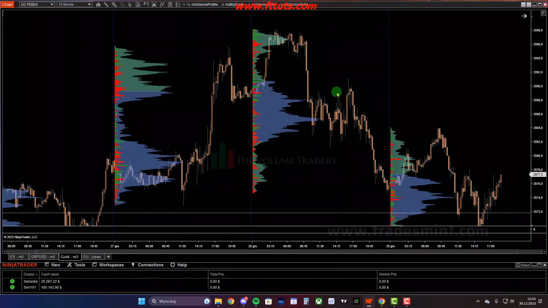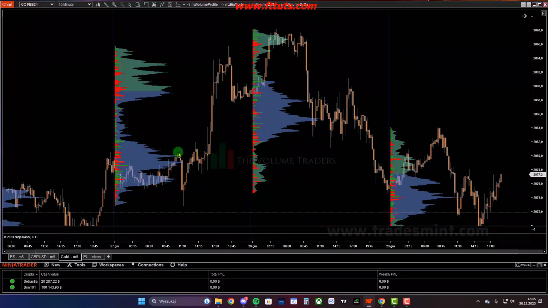Let's say we are looking for a setup in this day. So I'm using the volume profile for a previous day to see how the price behaved.